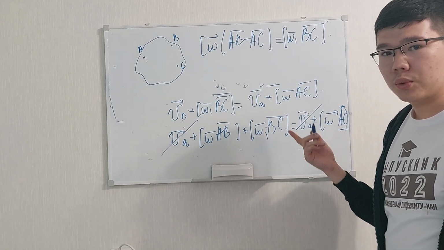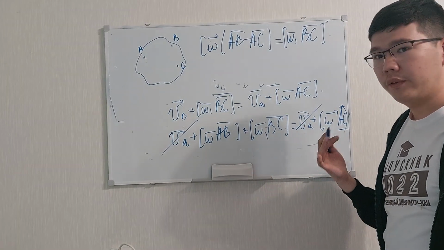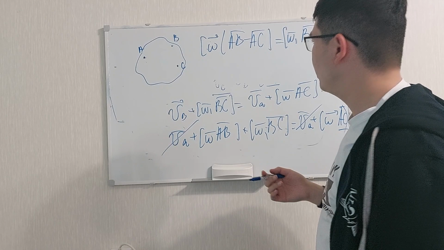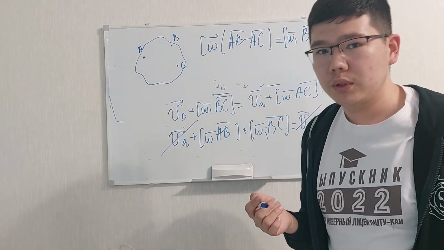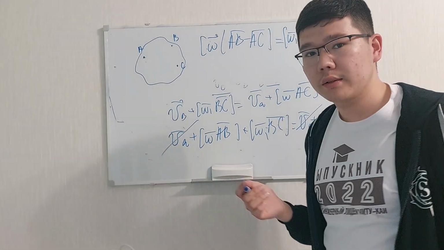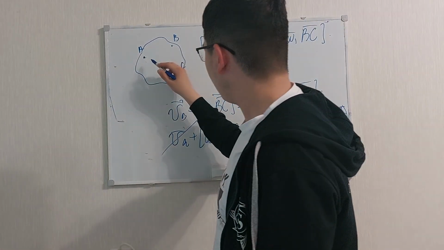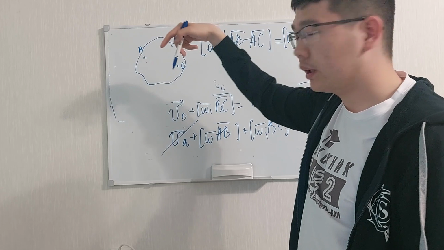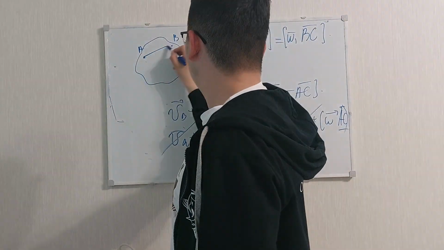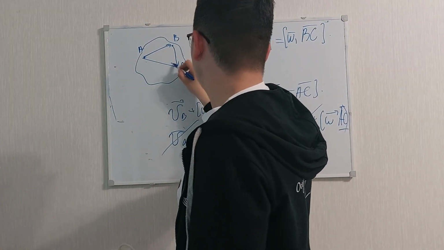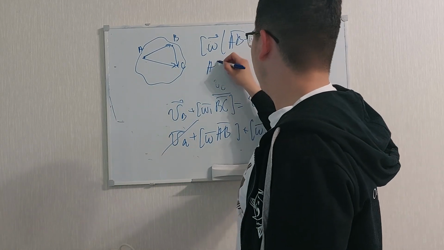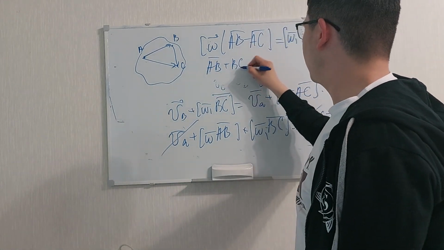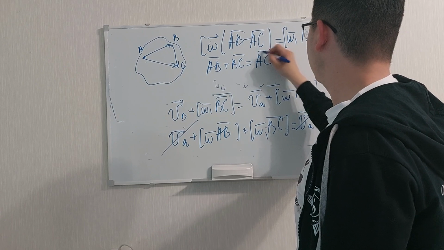And we have now to write another, fourth equation. It will give us the connection between the radius vectors that show the positions of each of the dots relative to each other. So we can draw such a picture, and we have that AB vector plus BC vector is equal to AC vector.